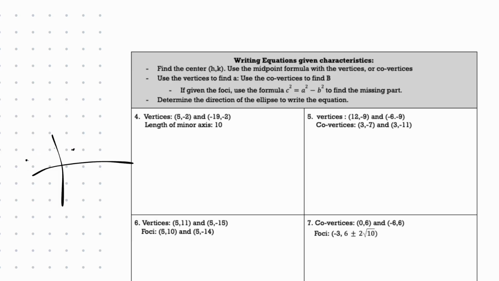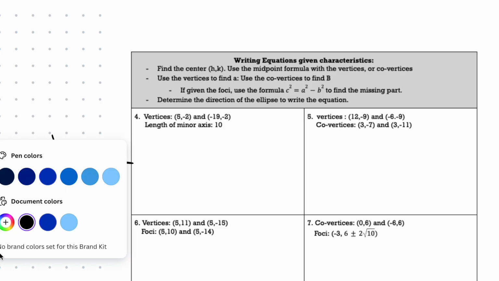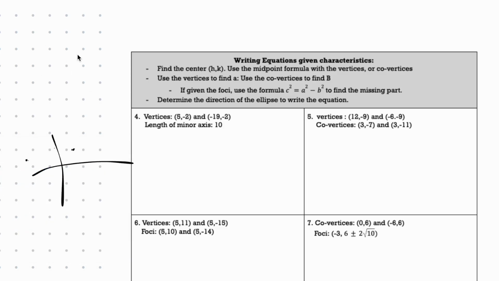And so one thing we might want to do is just use the midpoint formula, which is x1 plus x2 over 2 and y1 plus y2 over 2. And so that's finding the midpoint of our x values and our y values. We have a y value of negative 2 and negative 2.